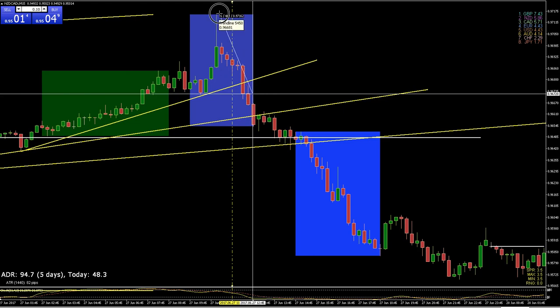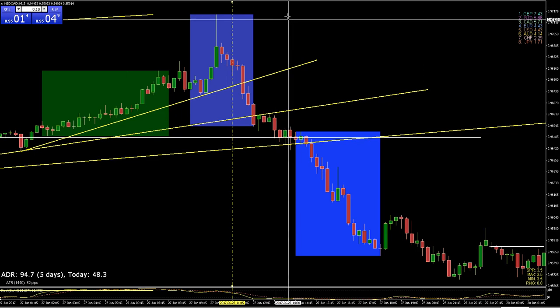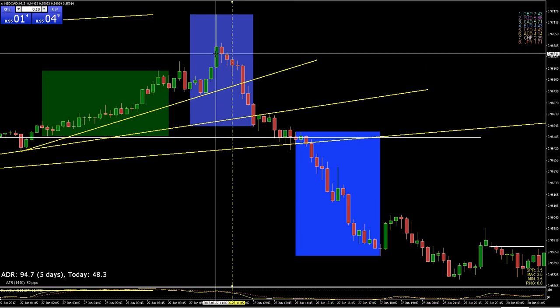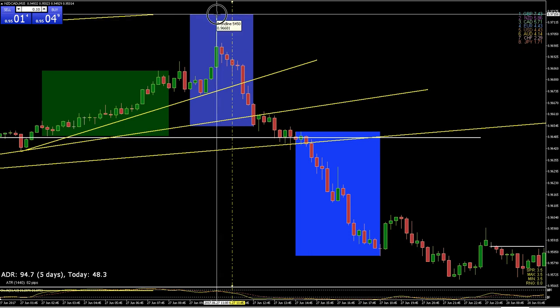We're looking for about 47, 48 pips, but that's simply one way to do it. Now his way of doing this is to take the high of this bar right here, the last fractal high, and take a line straight down to where the trend line crosses, which is 42 pips.